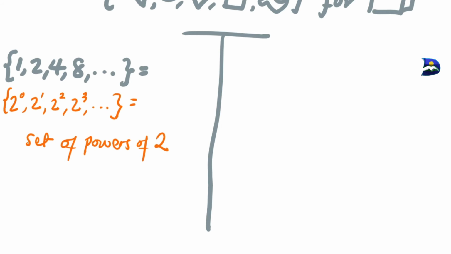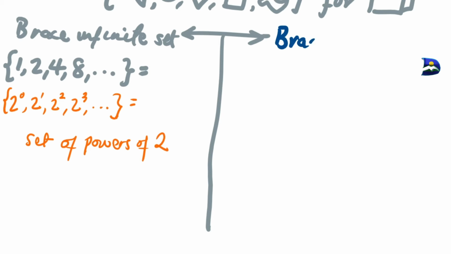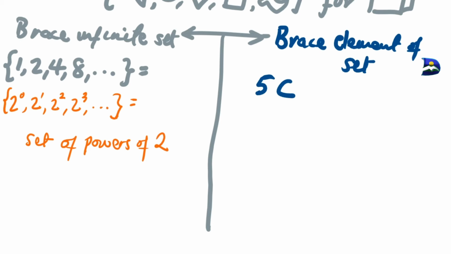Now in this case, when we are expressing brace in terms of infinite sets, let's look at the other case. The other case here is looking at brace just in terms of elements of set. We have a great example where we have, hey, 5 is an element of what can you create for an infinite system?